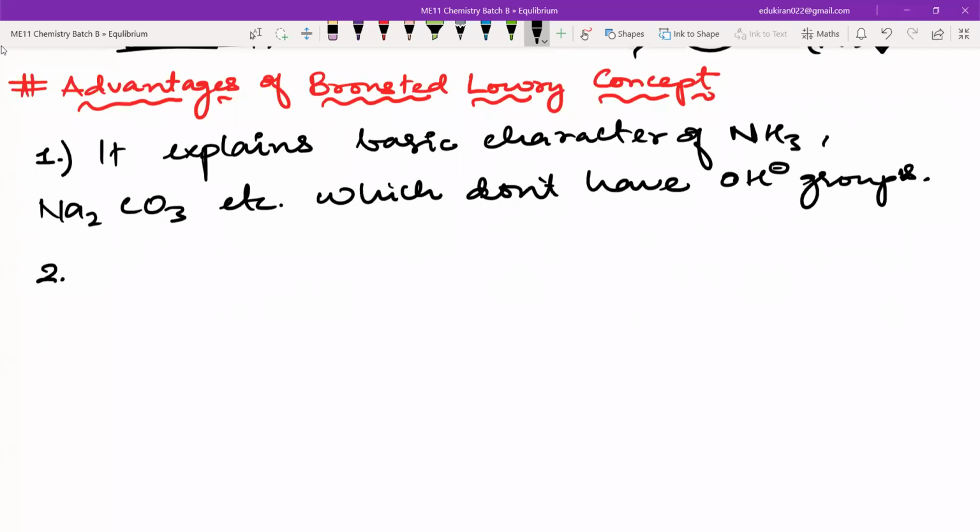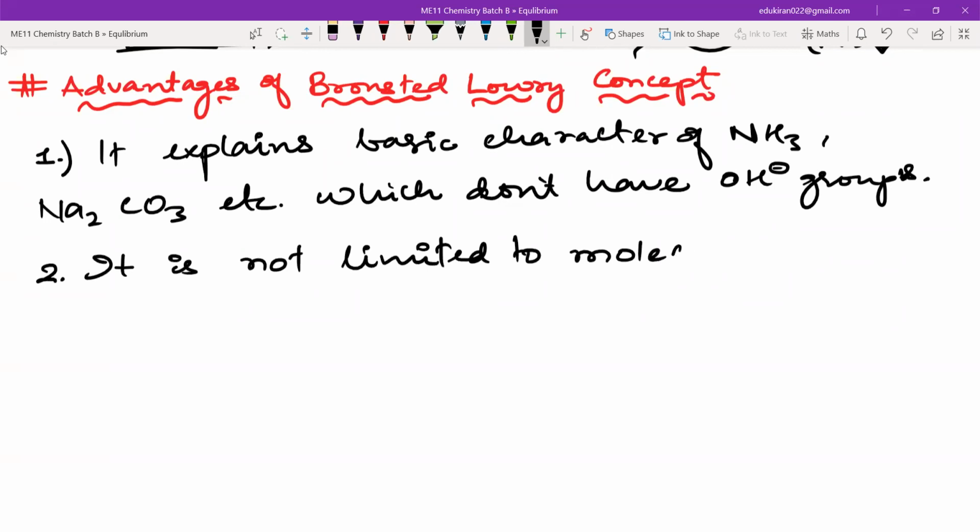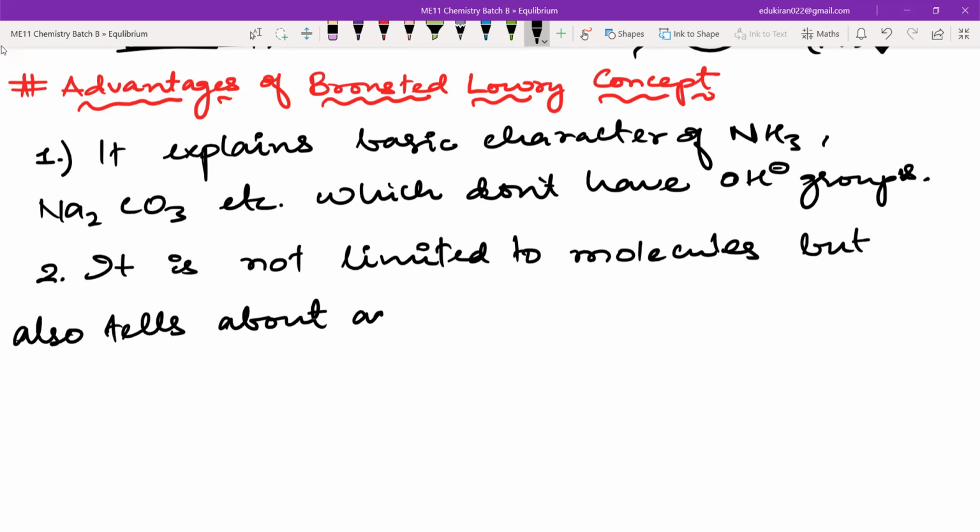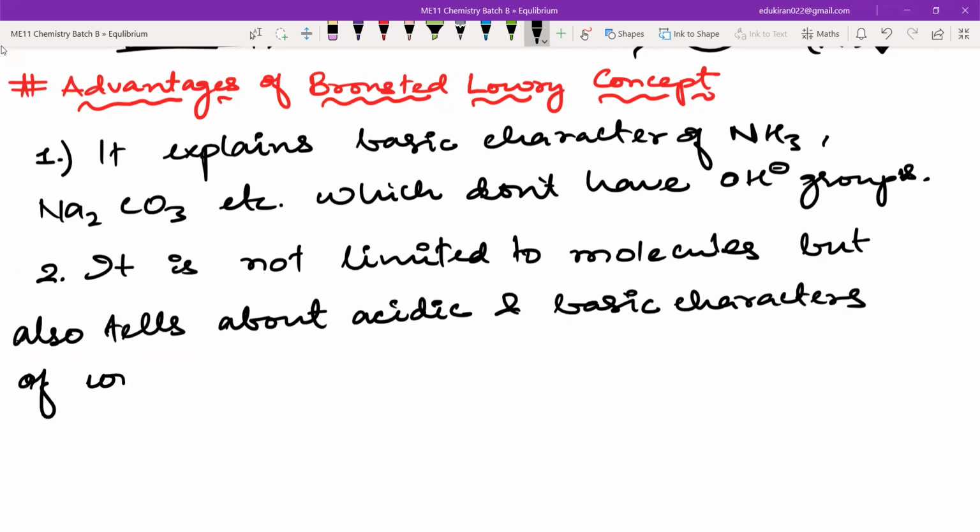Here is the second point. It is not limited to molecules, but also tells about acidic and basic characters of ions.